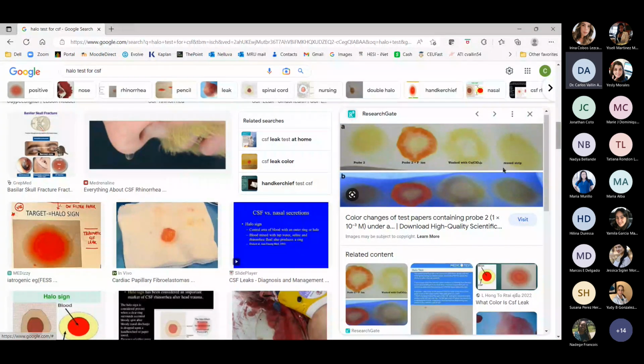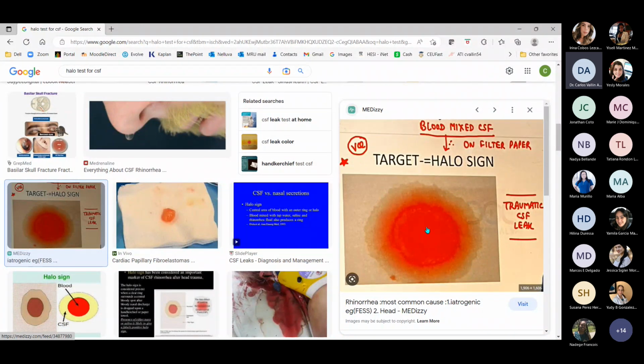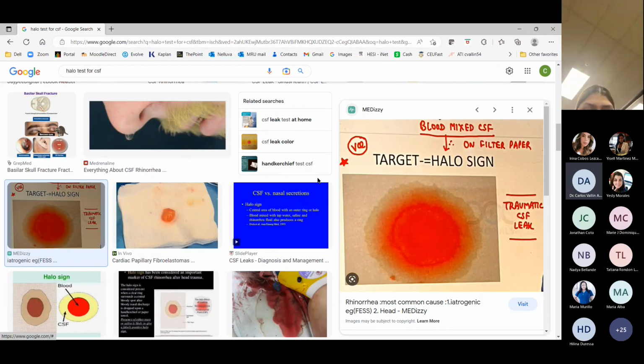of this mixture of liquid and let it fall on a tissue paper, you see how the blood, which is thicker, separates from the cerebrospinal fluid. The cerebrospinal fluid is thinner, and by capillarity it is going to migrate farther than the blood, which is heavier and thicker, forming a halo around the blood.